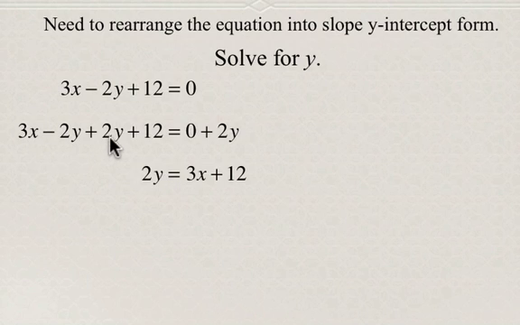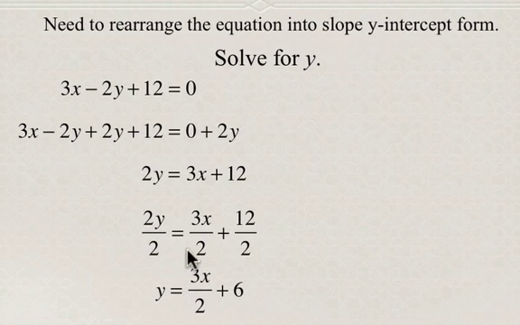3x minus 2y plus 12 simplifies because the minus 2y plus 2y cancel out, so we have 2y equals 3x plus 12. Next thing we're going to do is divide both sides by 2 to isolate the y, and we simplify, and 2y over 2 is just y.